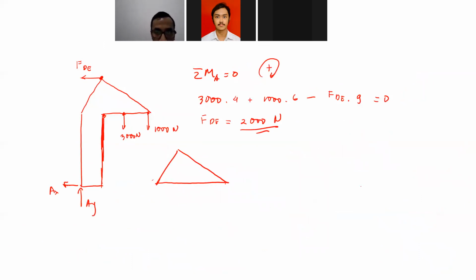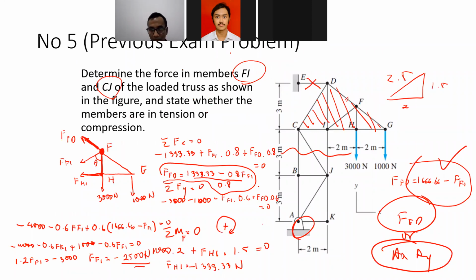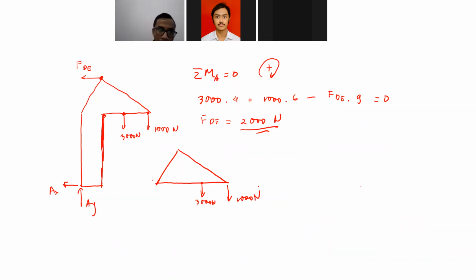It will be like that. We will have 1,000 here, and we will have another 1,000, 3,000 here. Then we have BC, CJ, and IJ. FBC is like this, all tension.